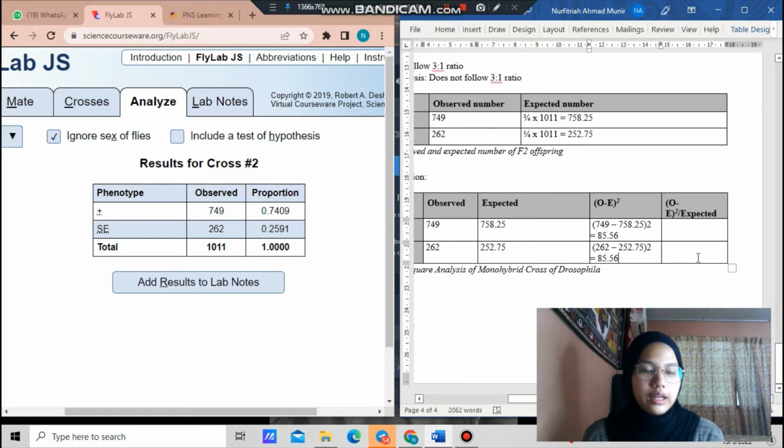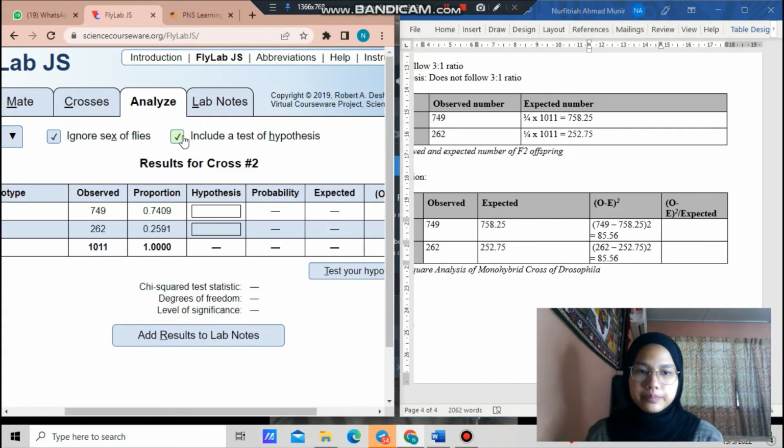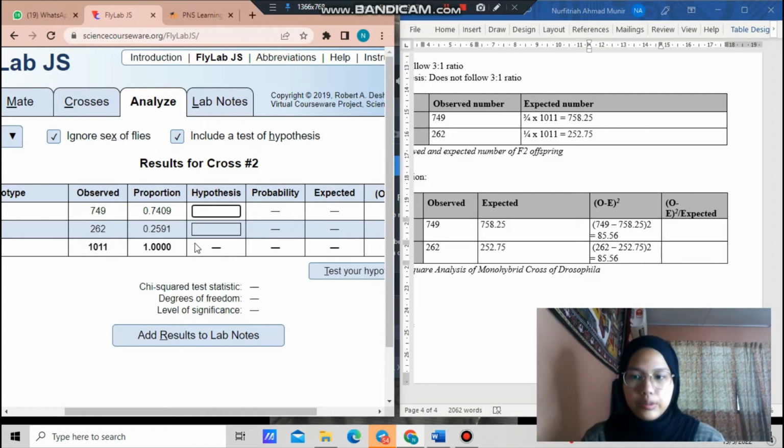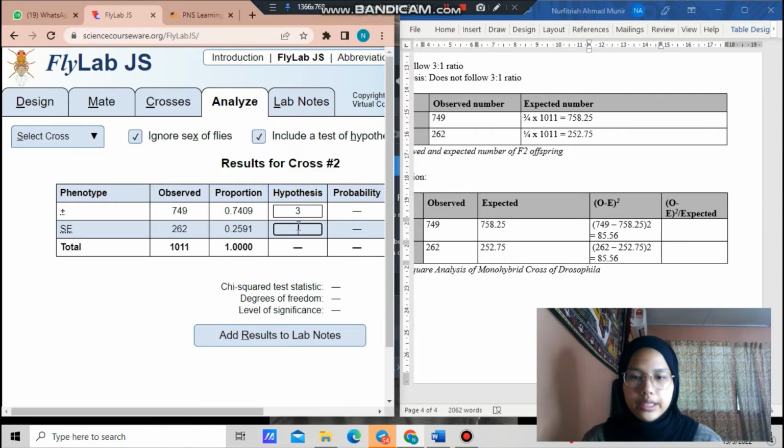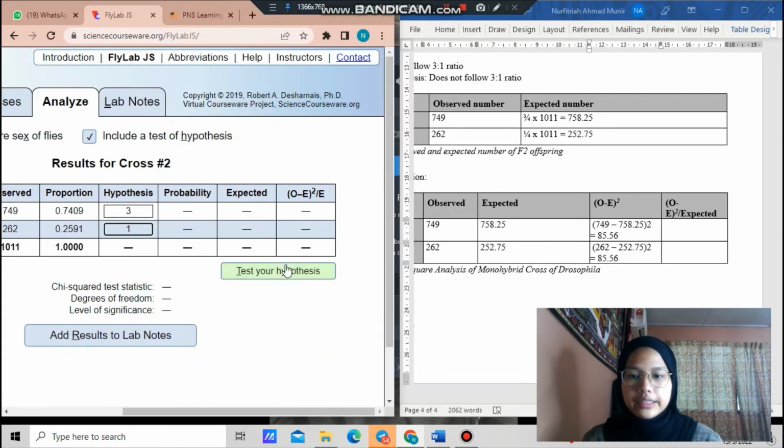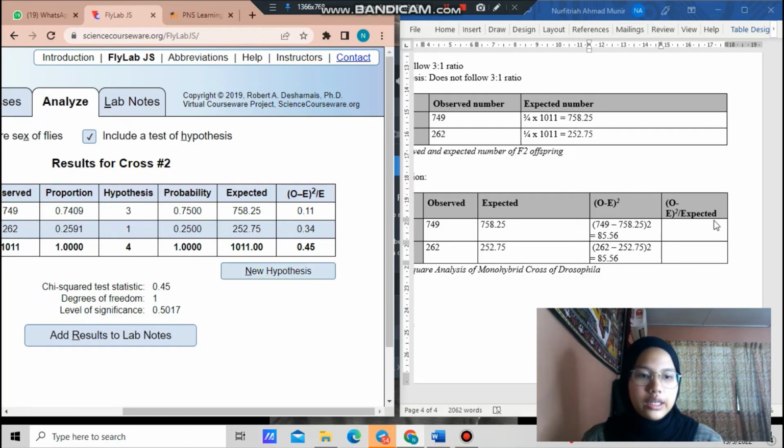Okay, then this O minus E squared over expected, we get from this one. Click the include a test of hypothesis. So the hypothesis for plus is 3 and the hypothesis for SE is 1. Then click test your hypothesis.